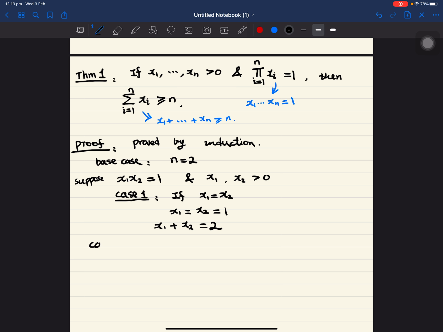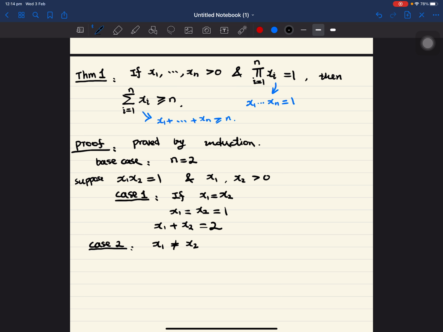And case 2, x1 is not equal to x2. That means one of the xi must be some number less than 1, and the other must be some number greater than 1 in order to get the product of 1, and they are positive.